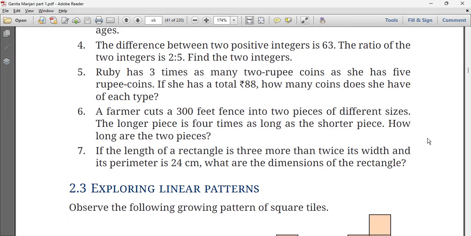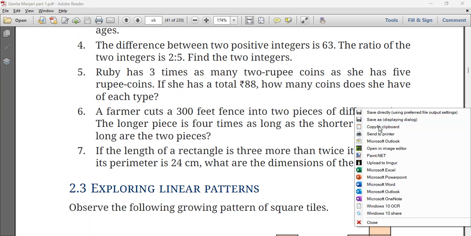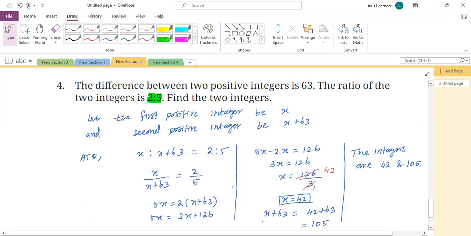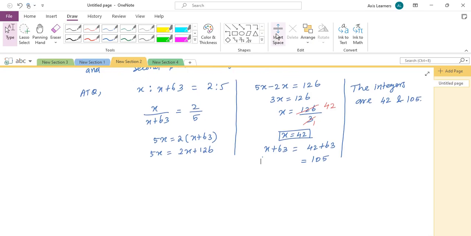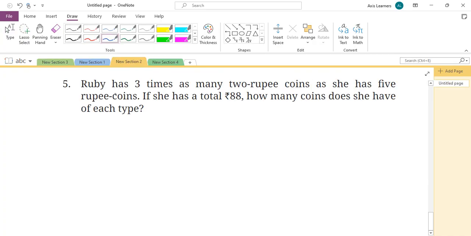Now we will move on to the fifth one. Look at the fifth one. See the fifth question. Ruby has 3 times as many 2 rupee coins as she has 5 rupee coins.